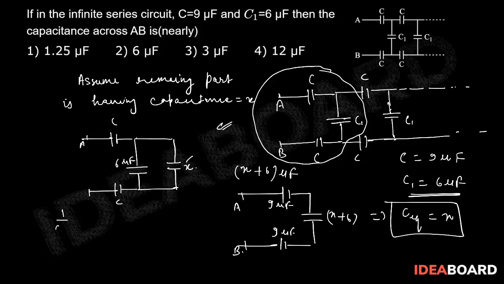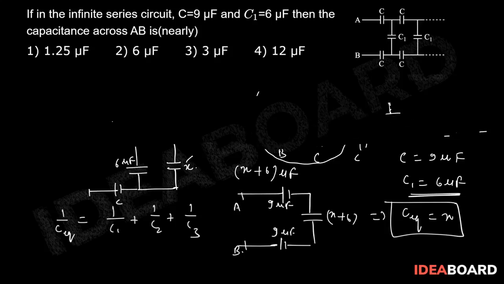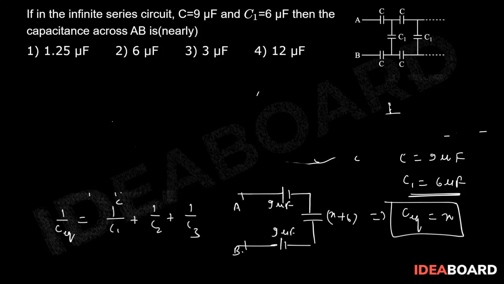We know that the series formula is 1 upon C equivalent is equal to 1 upon C1 plus 1 upon C2 plus 1 upon C3, because we have 3 capacitances. Now solve it. What are we getting on solving?